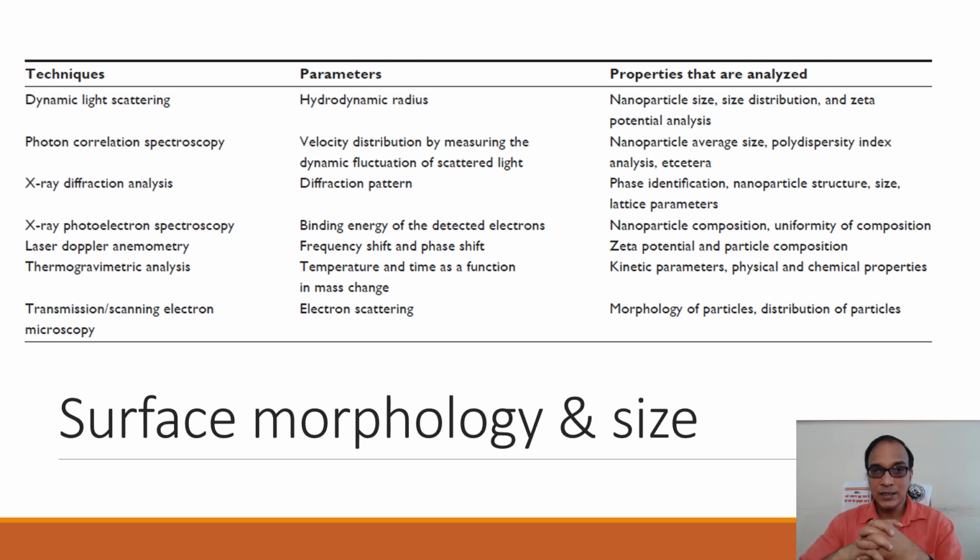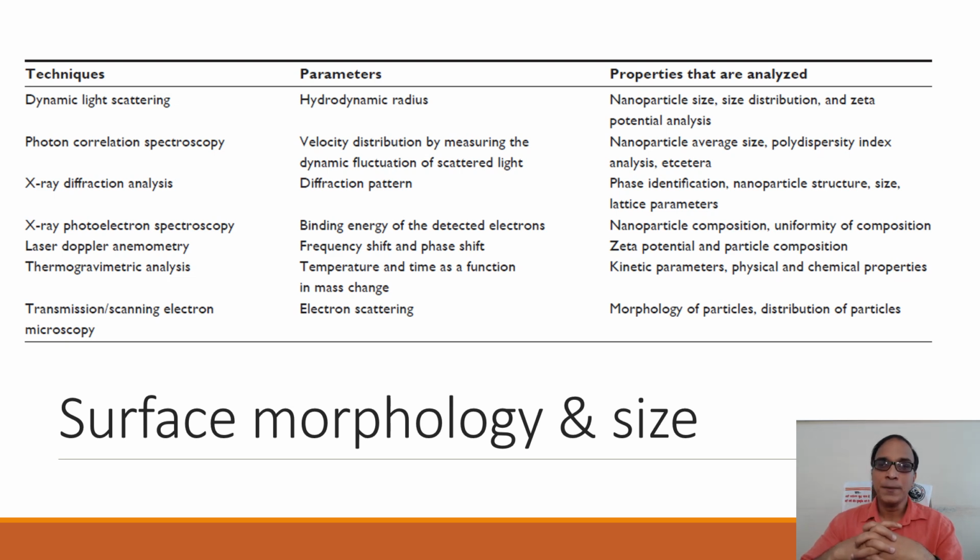Basically, laser light scattering is determined in this instrument, number one. And number two, photon correlation spectroscopy, in which, by measuring the dynamic fluctuation of scattered light, a diffraction pattern is obtained, and we can have the average size, polydispersity index analysis, etc. In DLS we can also get the polydispersity index.